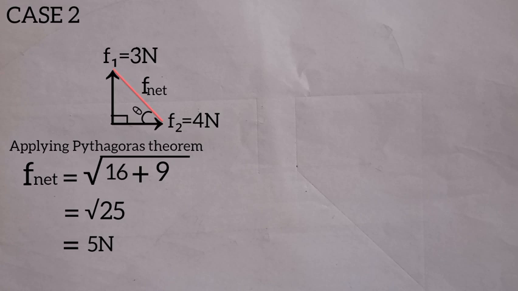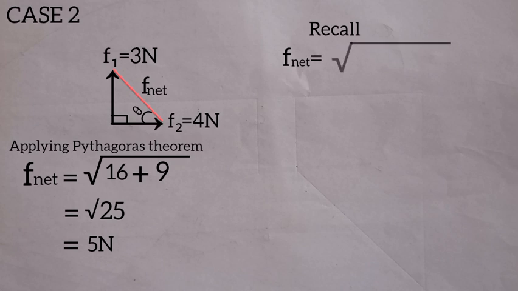Now, if you look at this formula, F net is equal to the square root of F2 squared plus F1 squared. It makes sense because we can call F net R, and F2 is the force acting along the x-axis, so we can call it Fx, all squared.